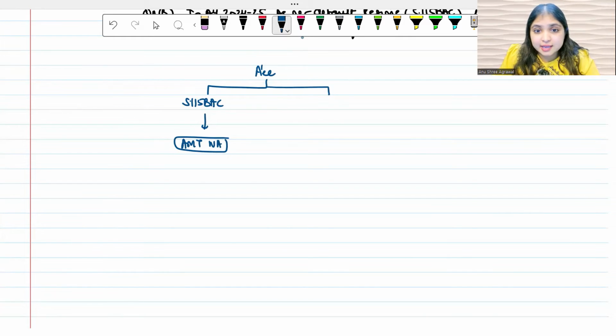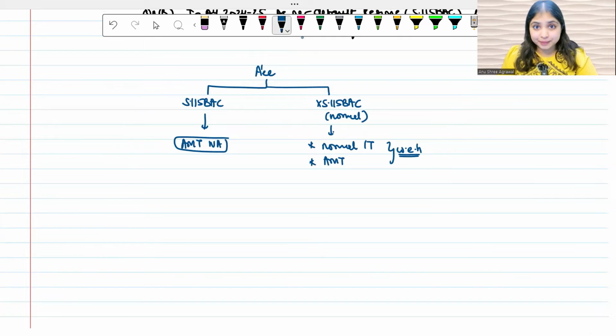If the assessee is not following 115 BAC, that is, assessee is following the normal provisions, then in that case, AMT will apply. You will do the normal income tax calculation, you will do the AMT calculation, and out of these 2 numbers, whichever is higher, you will ask the assessee to pay.